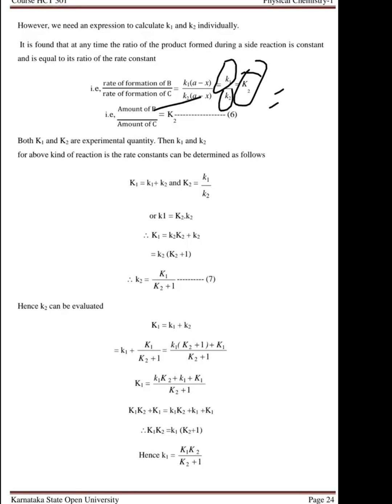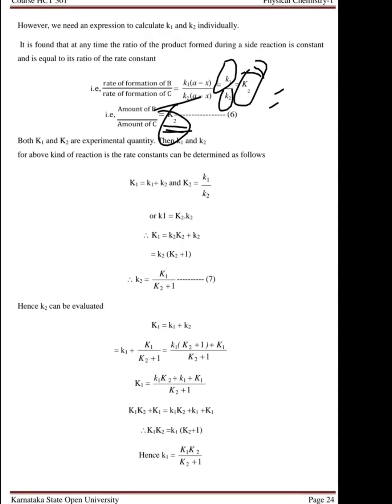Big K is the experimental quantity. So to know the quantity, you take the amount of product B divided by the amount of product C, you are going to get the total product, how much of the reaction is taking place.